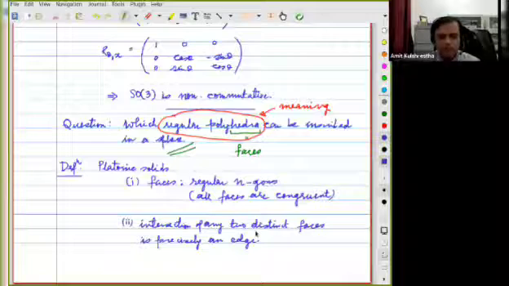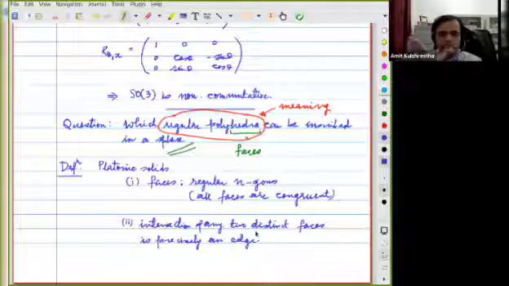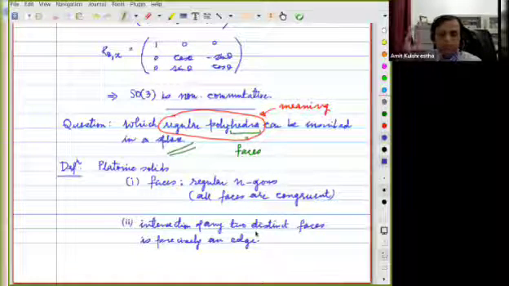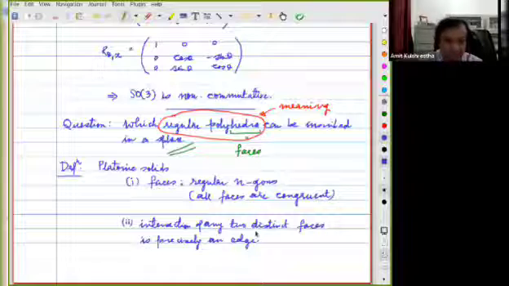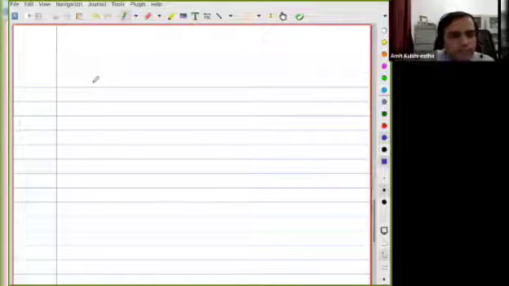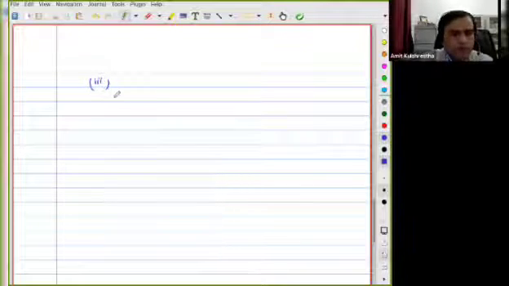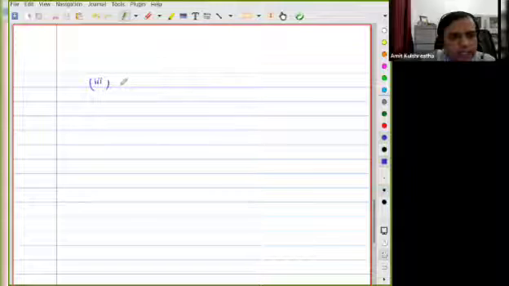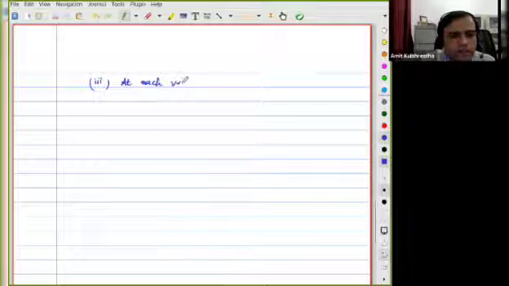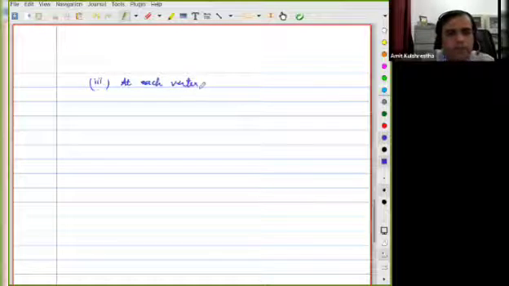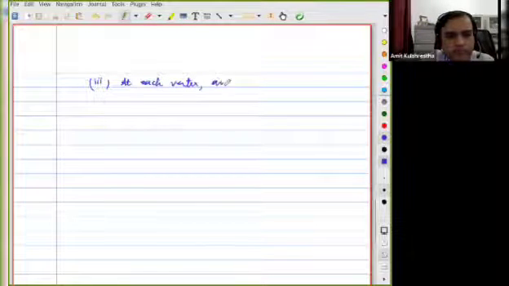Any two faces, and that is an edge. There is no shifting in the arrangement of faces. And the third thing is that at each vertex, an equal number of faces meet.